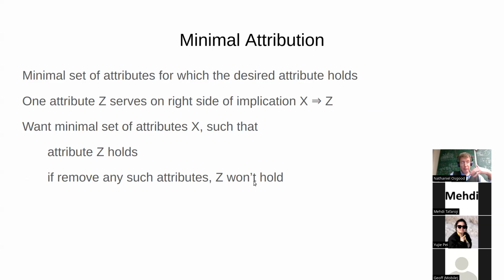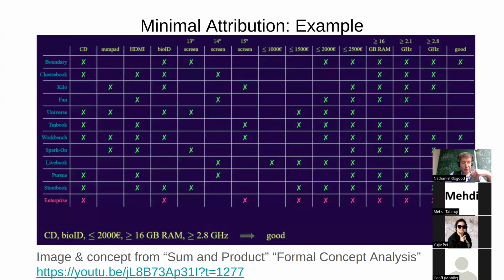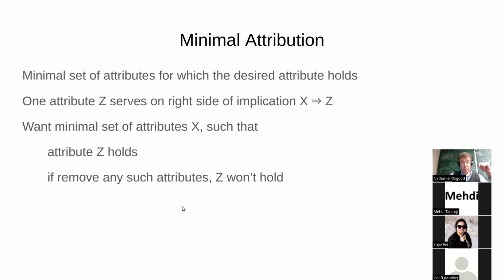So here we're trying to find a minimum set of attributes that guarantee us Z. Here we are seeking to find a minimum set of attributes, for example, which will provide some attribute that we judge good, and this algorithm can help you reason about it.